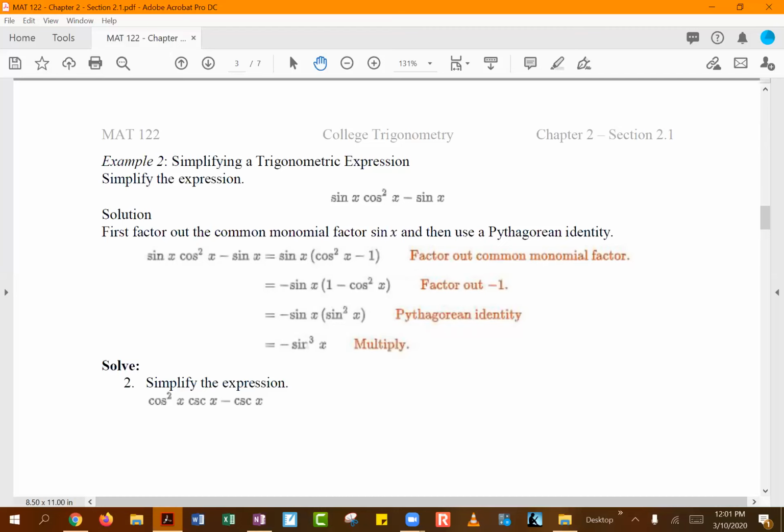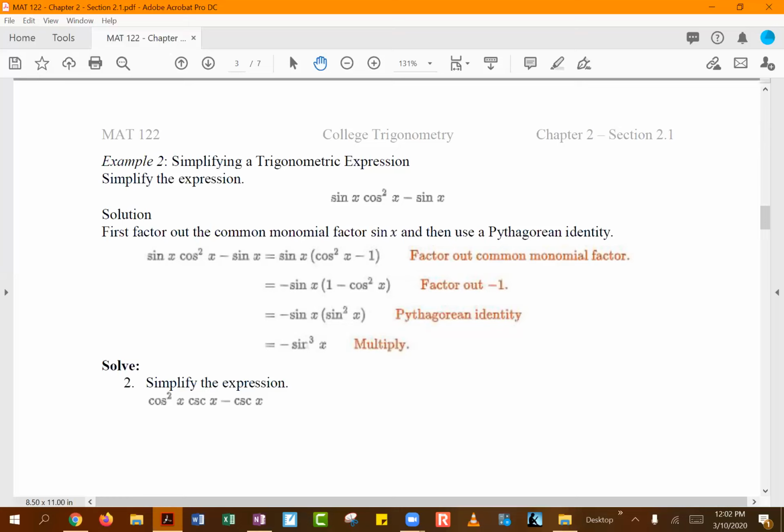So they're actually factoring out one more negative sign, or basically a negative 1. From that, if I take a negative 1 outside, this positive will become negative and the negative will become positive. By doing this little thing, I'm actually using my Pythagorean identity. So 1 minus cosine squared of x will be sine squared, and then you can multiply these to get a nice negative sine cubed of x.